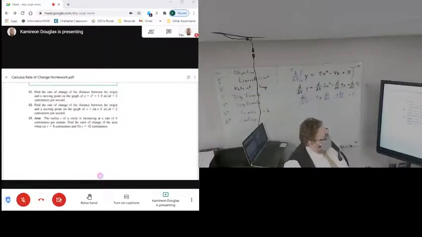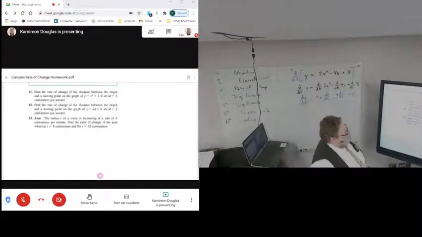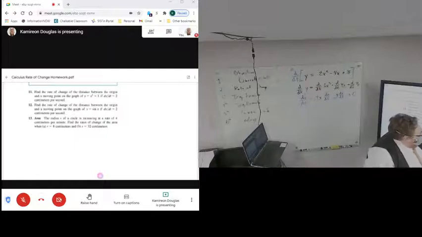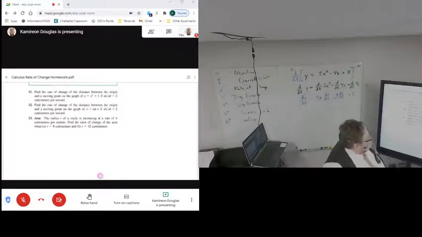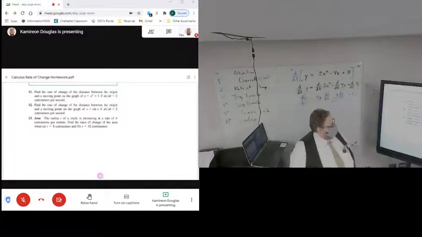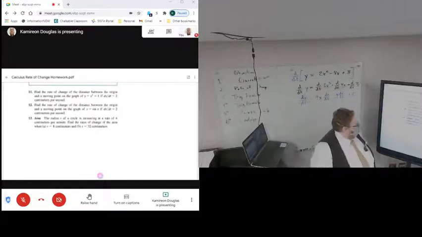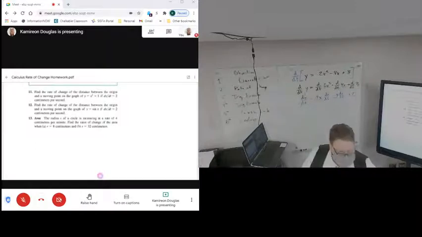Find the rate of change of the distance between the origin and a moving point on the graph of y equals x squared plus 1 if dx dt is equal to 2 centimeters per second. What does it mean?